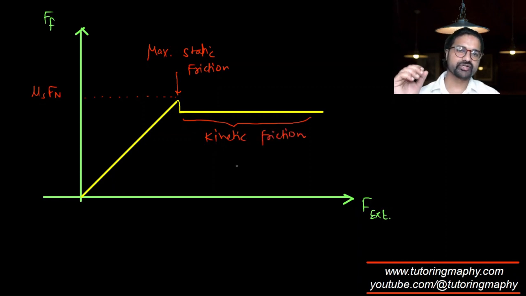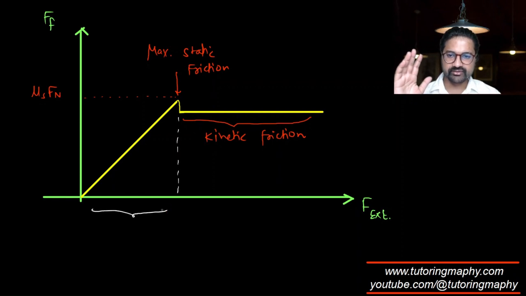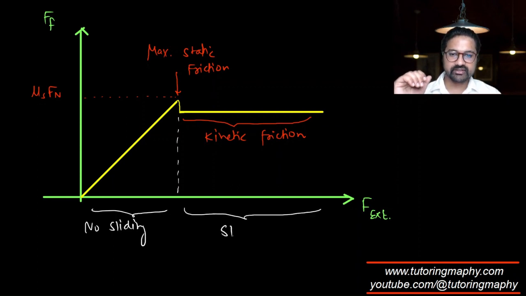Till this point, there is no sliding. But if we increase the force even further, sliding starts occurring in this region, and the friction just remains constant, slightly less than the other value. I'll also indicate that this value is mu k times normal reaction.